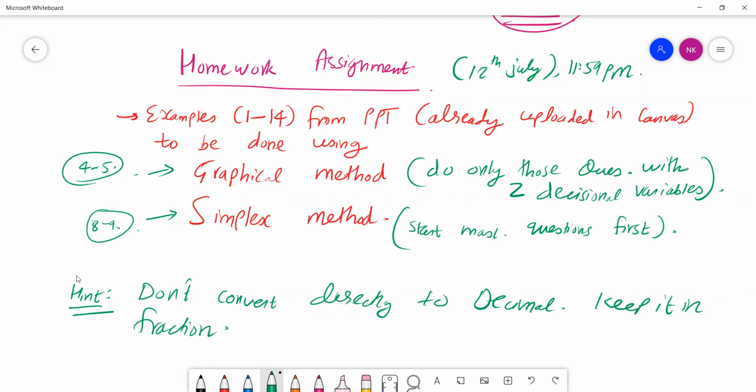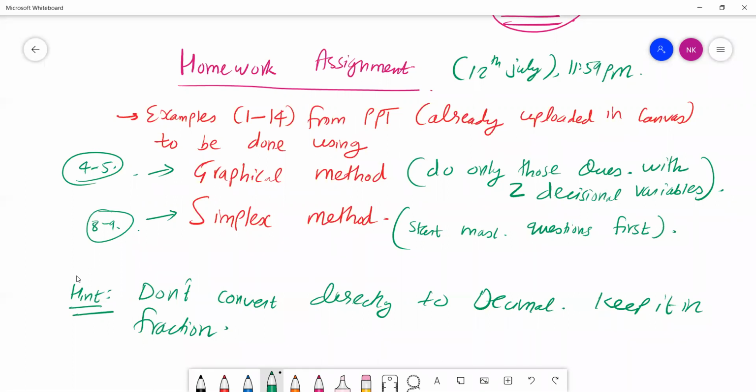The reason is that if you convert it to decimal, there are chances that you might make mistakes in rounding off. While in fraction, there are chances that you might have cancellation of the numerator and denominator in the next step.